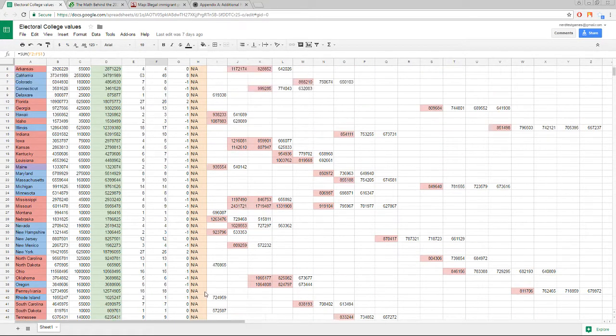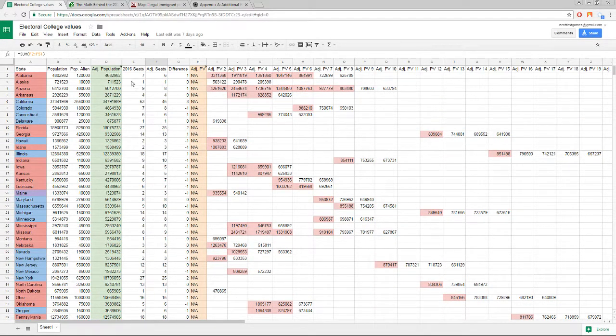So you add all that together, and I ended up copying in the 2016 seats are the actual number that the state had. But remember, if you want for electoral votes, you have to add 2 because of the senators. This is just the amount of House of Representative Congress people that each state has, because each seat is a district, and each district gets a House of Representatives to lead it.